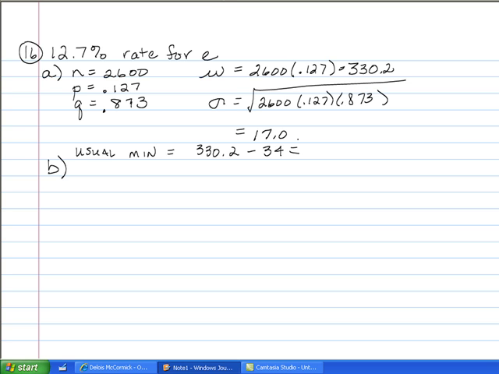The usual maximum is 330.2 plus 34, which is 364.2. So they found 290. 290 is less than our usual minimum, so it is unusually low.